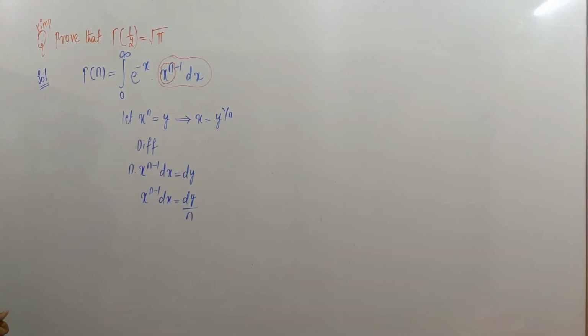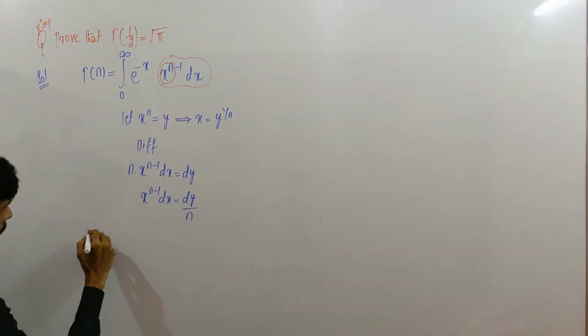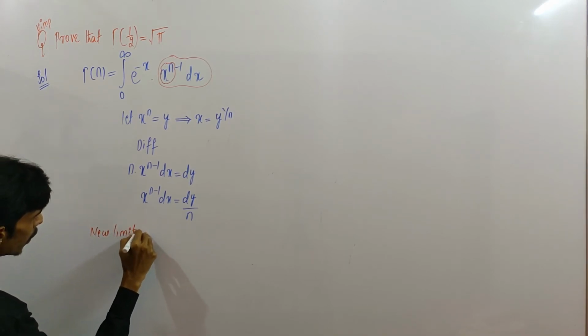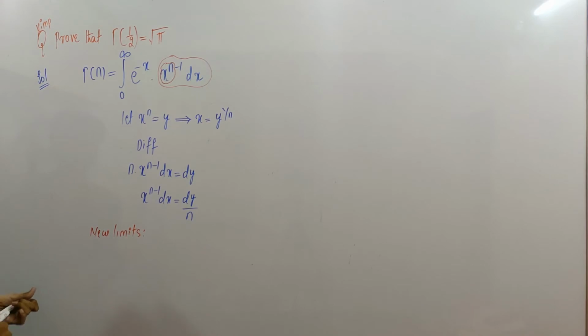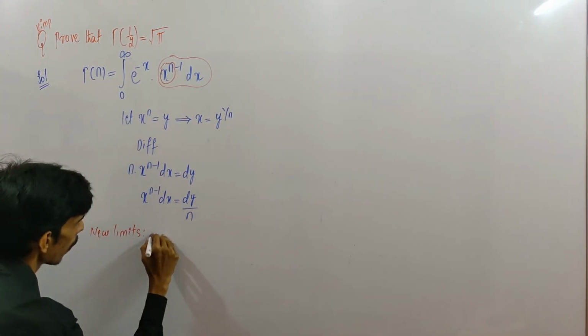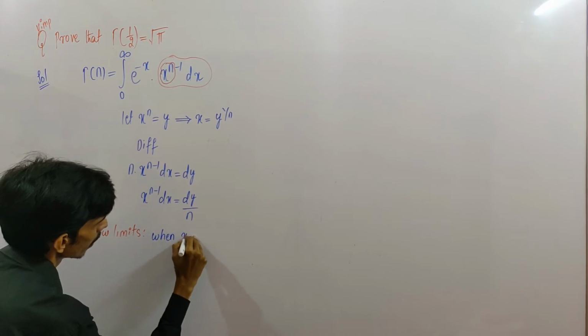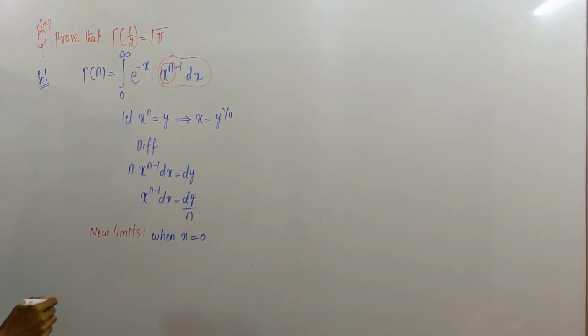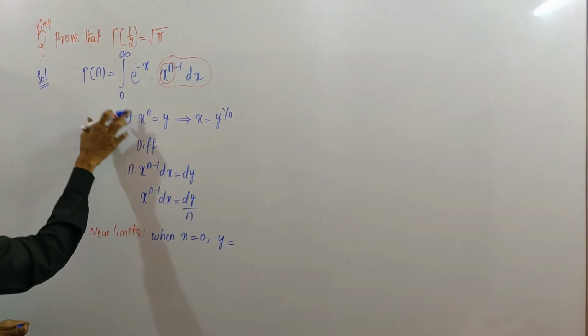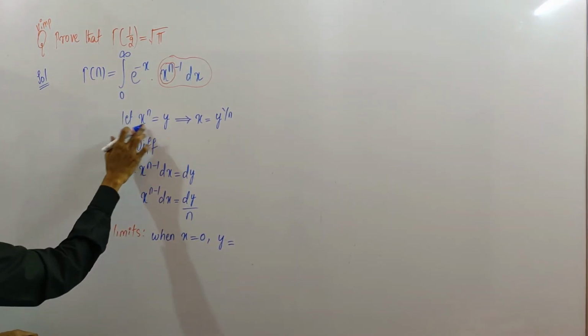Now we want new limits for y. Here the lower limit for x is 0. When the lower limit of x is 0, then y will become, substituting 0 here, 0 power of n is 0, so y value is 0.